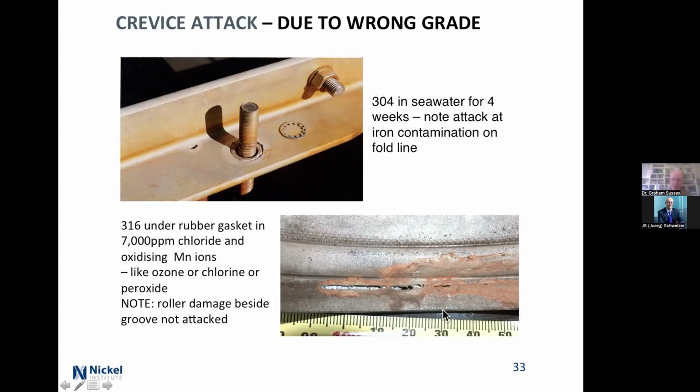Nice and easy and light to put in, loved by the building people. The problem was this was used with 316 underground, 7,000 parts per million chloride, oxidizing manganese iron, so it makes it a bit worse. Temperature wasn't too bad. The pH was slightly alkaline, but it wasn't enough. So it perforated through at the edge of the crevice where the end of the gasket was.